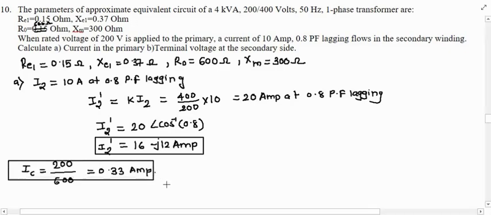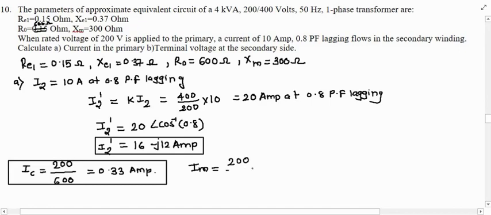Similarly, we can find out IM. What is IM? IM is equal to voltage impressed across primary divided by your XM. What is XM given? 300. This is the imaginary component of your no load current. So it is equals to 0.67 ampere.